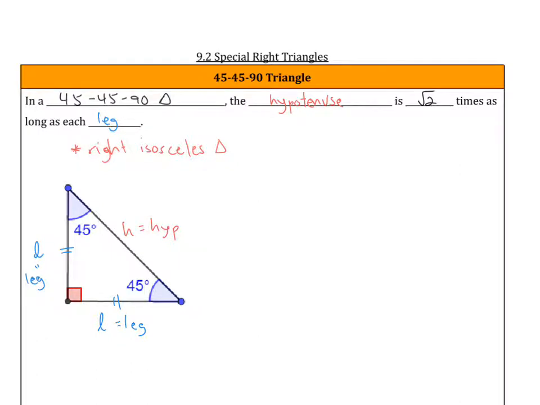Now, as for the equation, it says that the hypotenuse is the square root of 2 times as long as each leg. So the equation here is H equals L times the square root of 2.